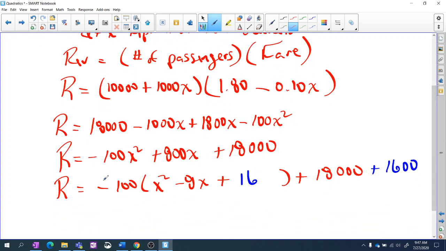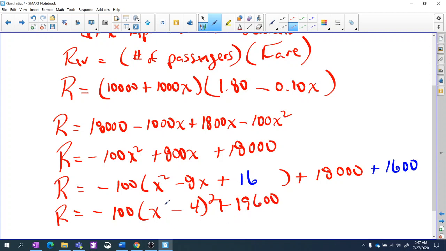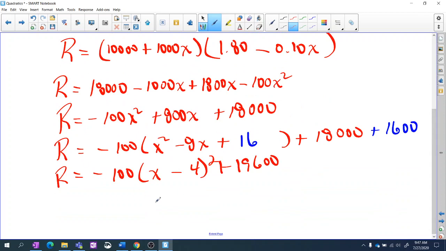Vertex form would look like so: negative 100, square root of the first, sign of the middle, square root of your last one, all squared, plus 19,600. Giving me a vertex of 4, 19,600.